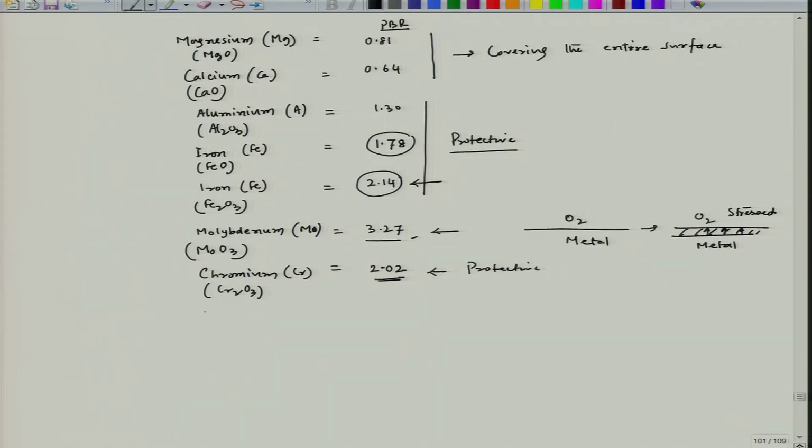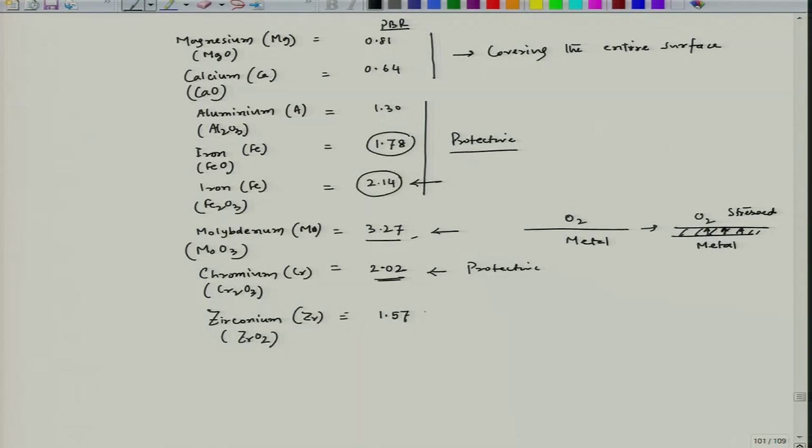Now, an interesting story comes when we talk about the PBR ratio of zirconium oxide, or zirconium. The oxide is ZrO2, and the PBR ratio is 1.57.